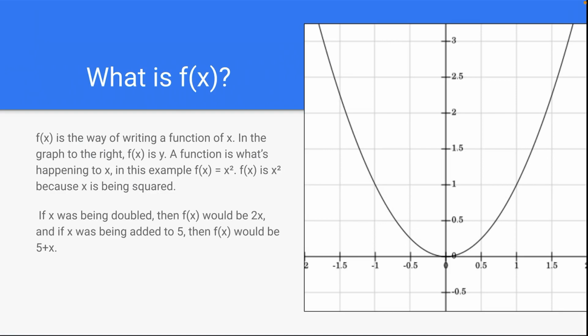If x were being doubled, then f of x would be 2x, and if x was being added to 5, then f of x would be 5 plus x, and the same for every equation pretty much. If x was being tripled, then f of x would be 3x because we're tripling x. So f of x is just a fancy and easier way of saying what is happening to x.